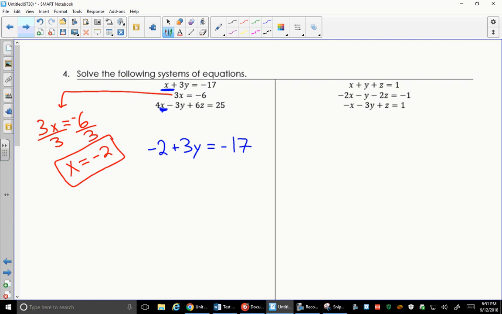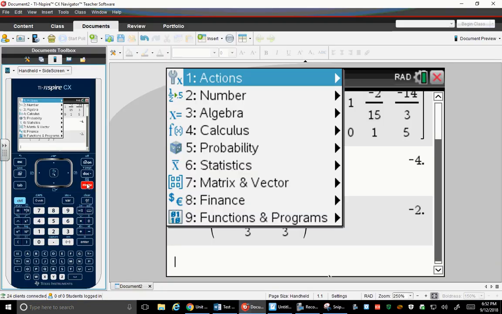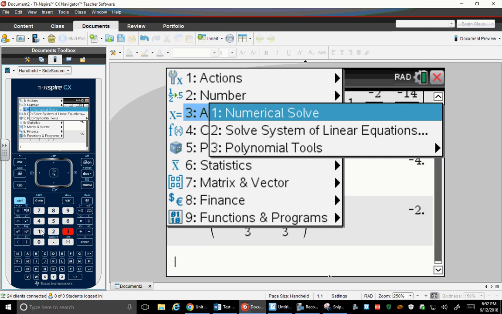Okay, so then what do I recommend at this point? We're going to go through this kind of fast, so we're going to nsolve it. Yes, I could solve this by hand by adding 2 to both sides and then dividing by 3 and getting y equals negative 5. But I'm going to keep stressing that if that's what's holding you up, don't let that hold you up. So menu 3, 1.